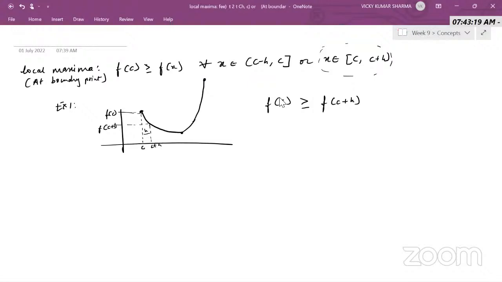The definition still holds true. It again depends, holds true in the sense of what my interval is, right? In this particular interval, where my h is confined till this, let's say this is what my interval is. If I fix my interval, in this interval, is this a local maxima?